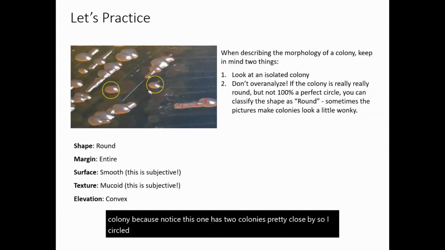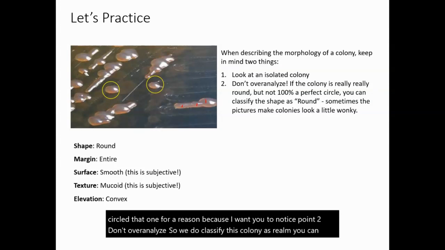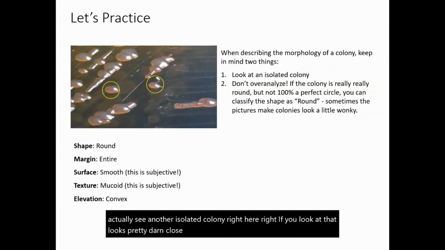So I circled that one for a reason because I want you to notice point number 2, don't overanalyze. We do classify this colony as round. You can actually see another isolated colony right here. If you look at that, that looks pretty darn close to a circle.